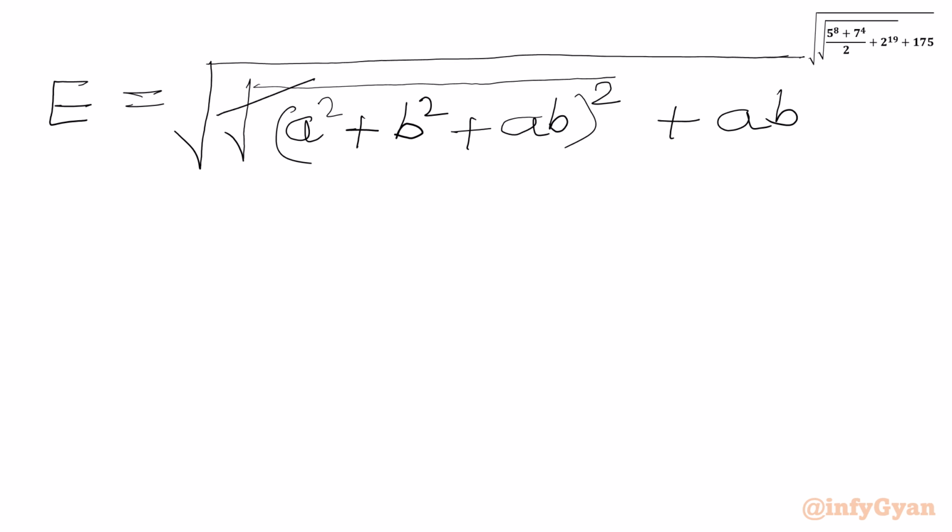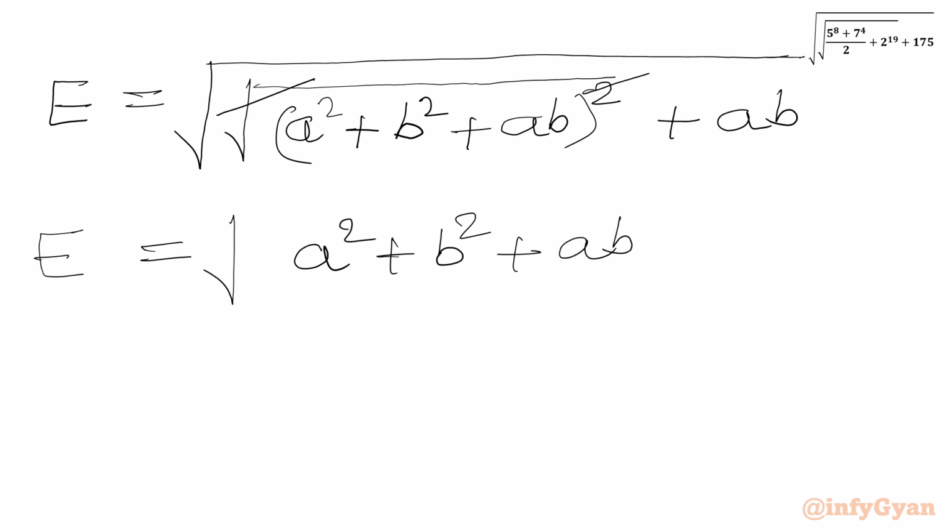So square root and square will be over. We can write expression E will become square root of A square plus B square plus AB.